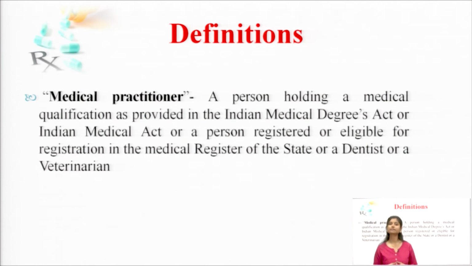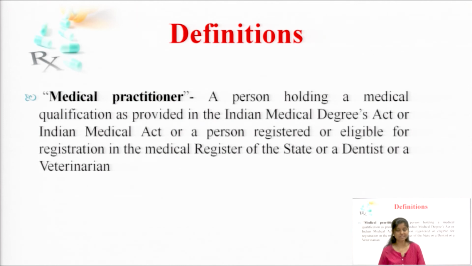A person holding a medical qualification as provided in the Indian Medical Degree Act or Indian Medical Act, or a person registered or eligible for registration in the medical register of the state, or a dentist or a veterinarian. Basically, the three categories that come under medical practitioner are the doctors, dentists and the veterinarians.